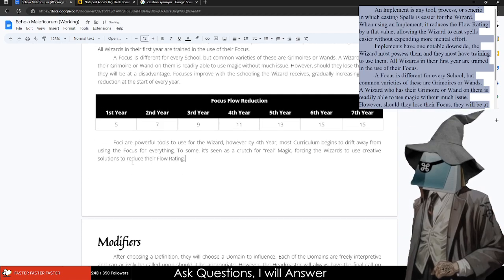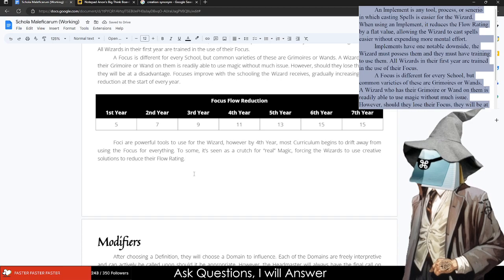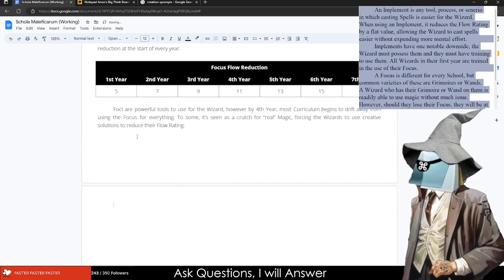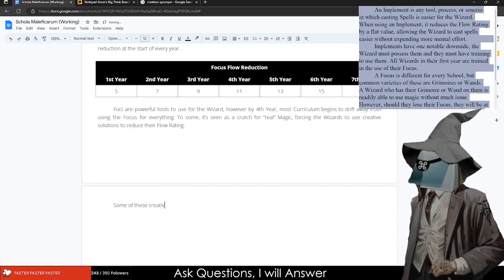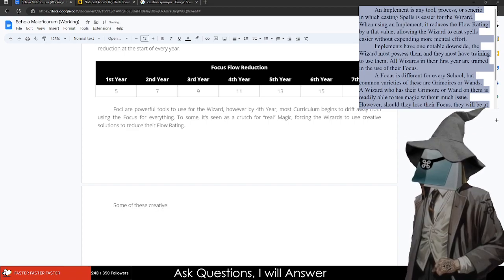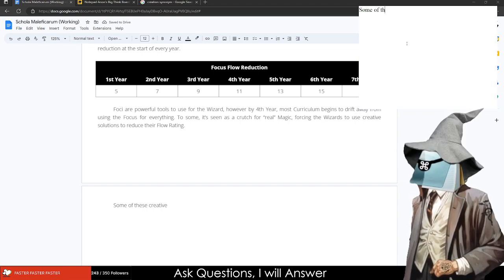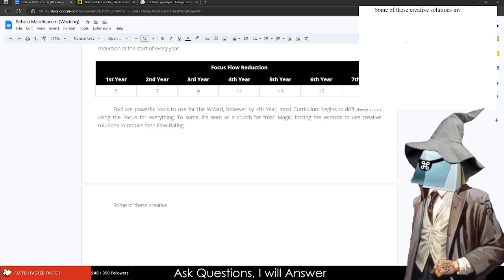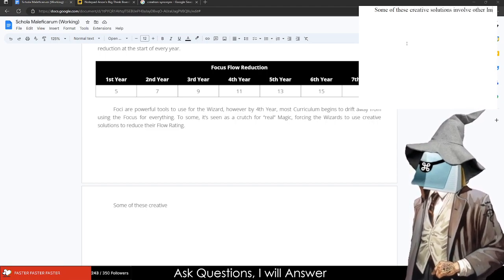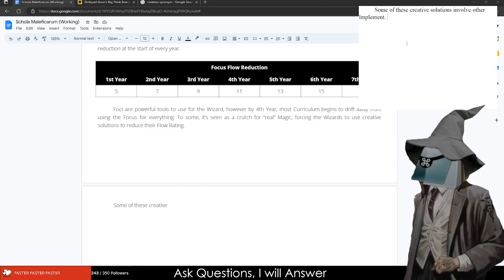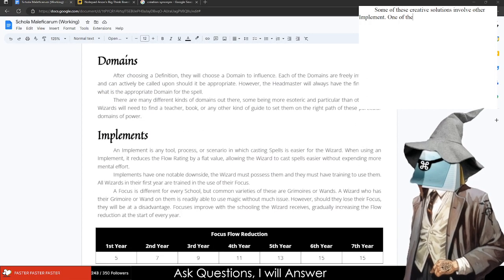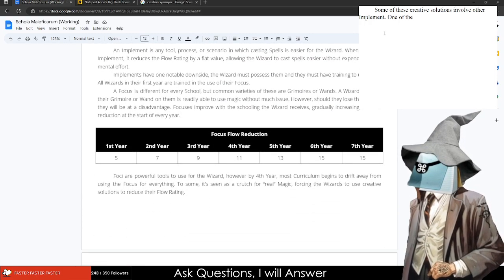Alright, which is going to bring us to, if we go down here, some of these creative solutions involve other implements. I want to use the most common.